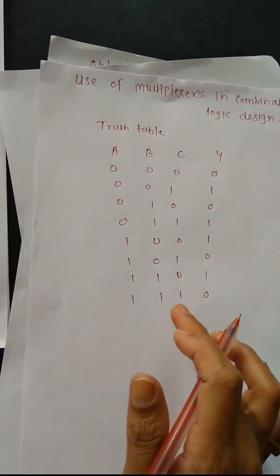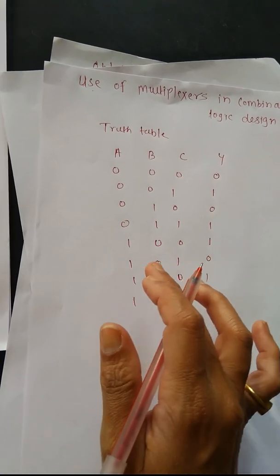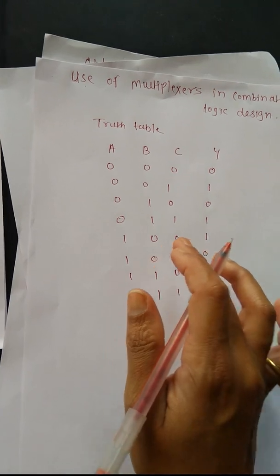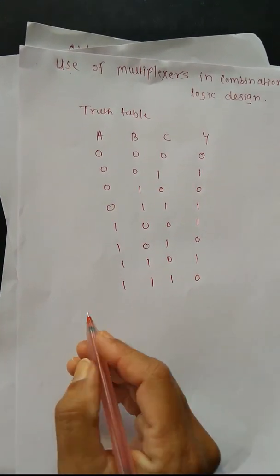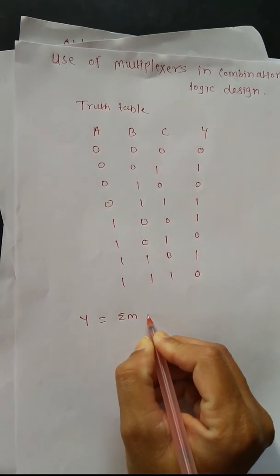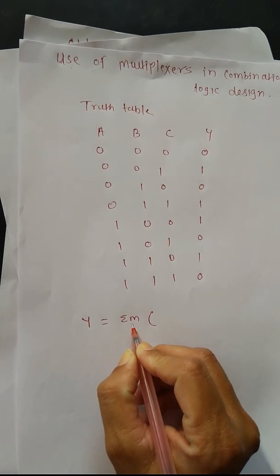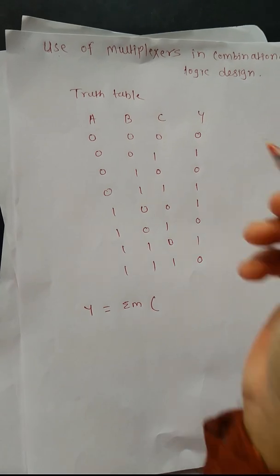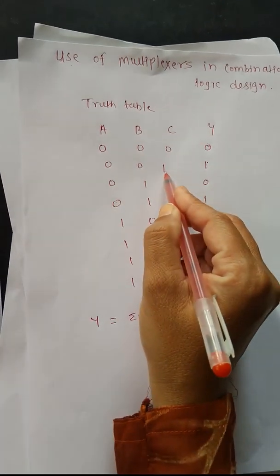For this truth table, which multiplexer is required? Express the Y output in standard SOP form, so Y is equal to summation m, which indicates an SOP expression. From this truth table, where is the output 1? For the output 1, the input is considered.